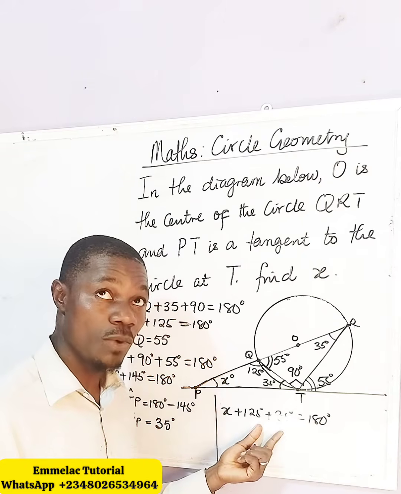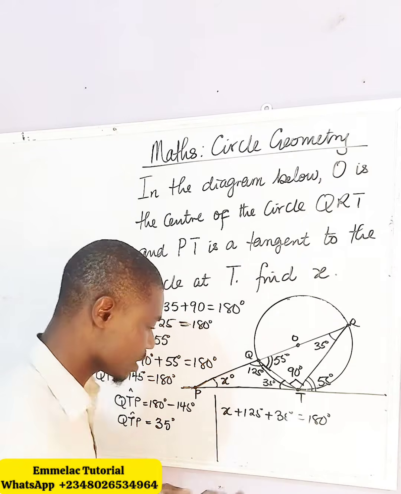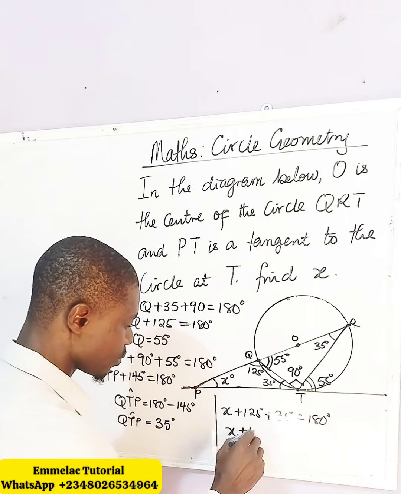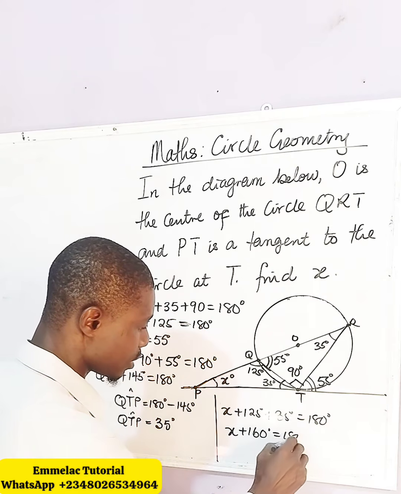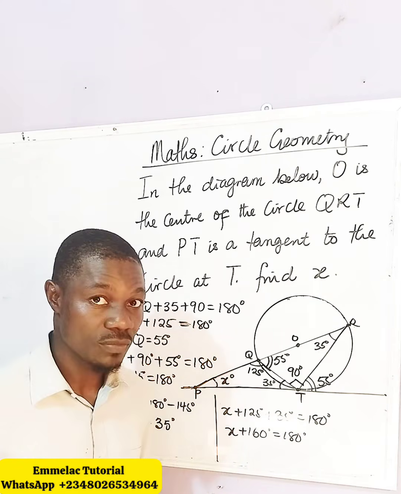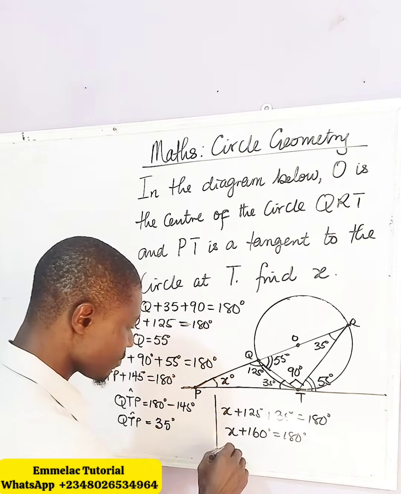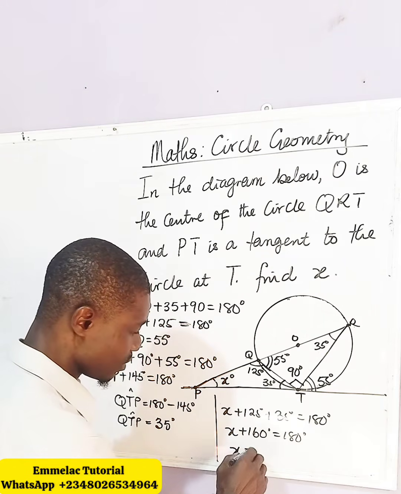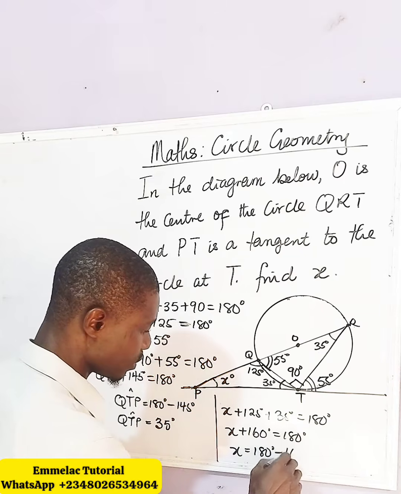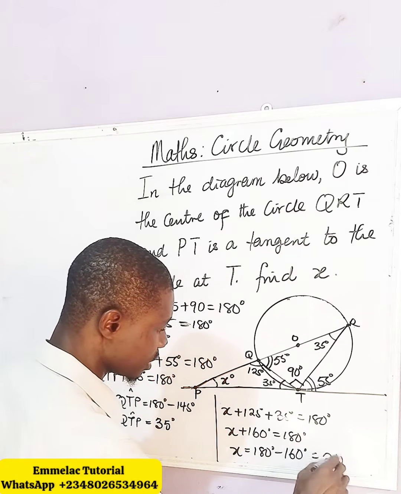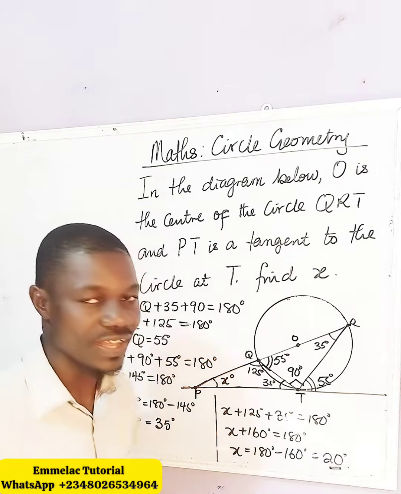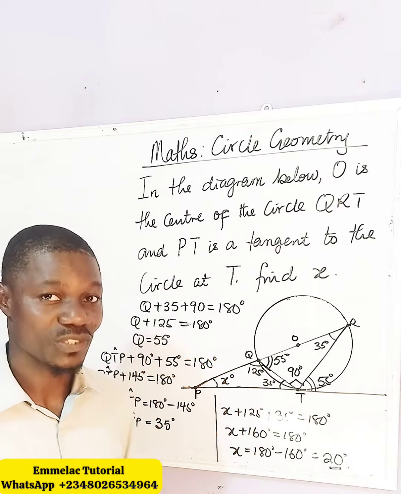When we sum this up, we get 160. So x plus 160 equals 180. When we subtract 160 from both sides, x is 180 minus 160, which gives us 20 degrees. Final answer: the value of x is 20 degrees.